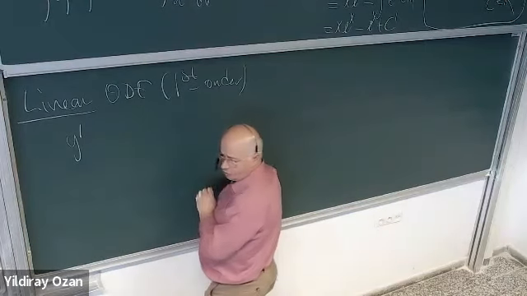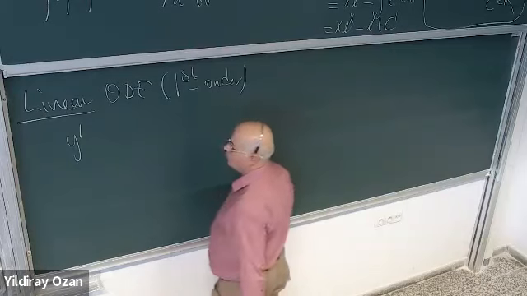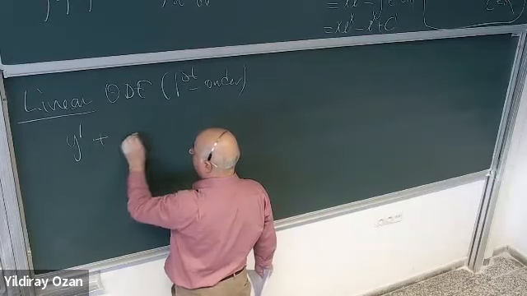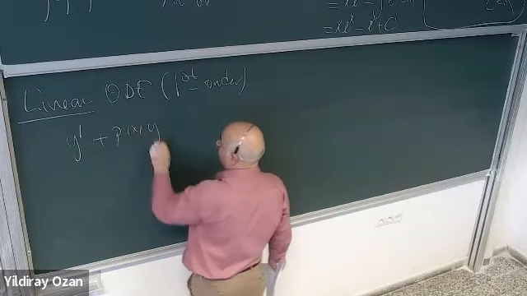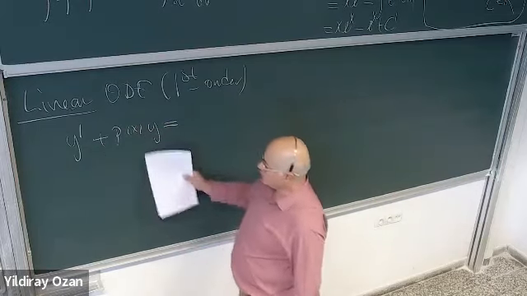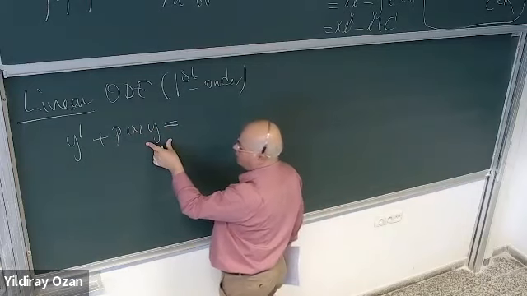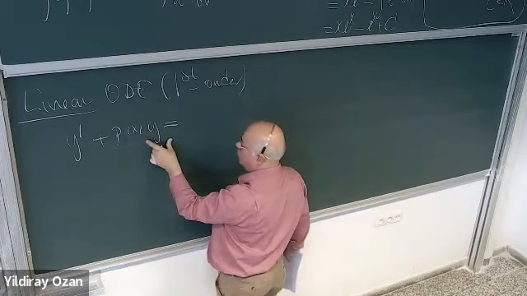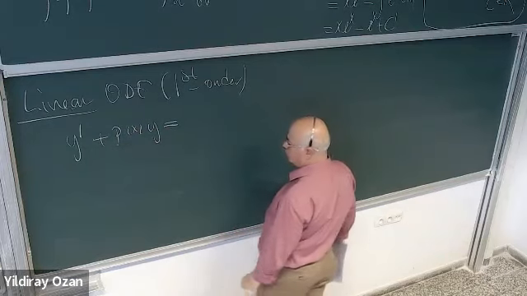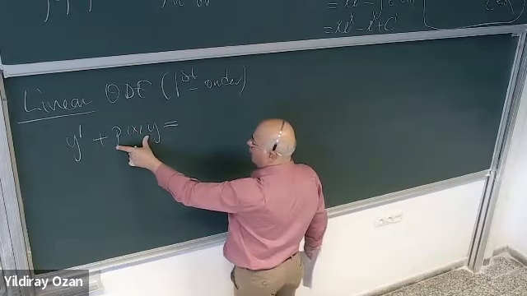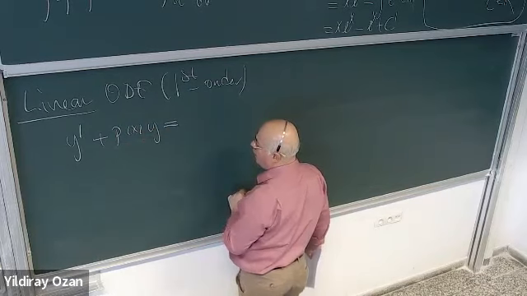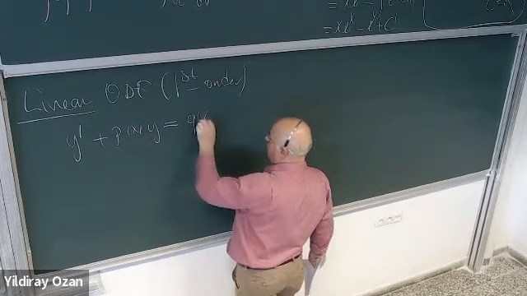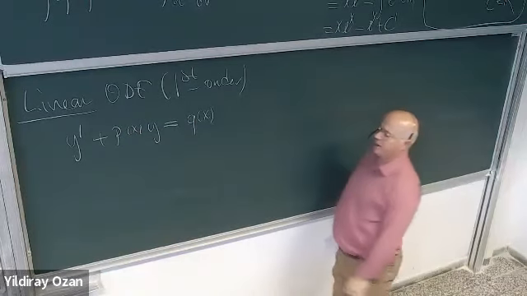First order means you have only first derivatives, and then you may have, of course, a y term, but the coefficient of y cannot have any y in it, so you have only a function of x in front of y, and then maybe here you have another x term.